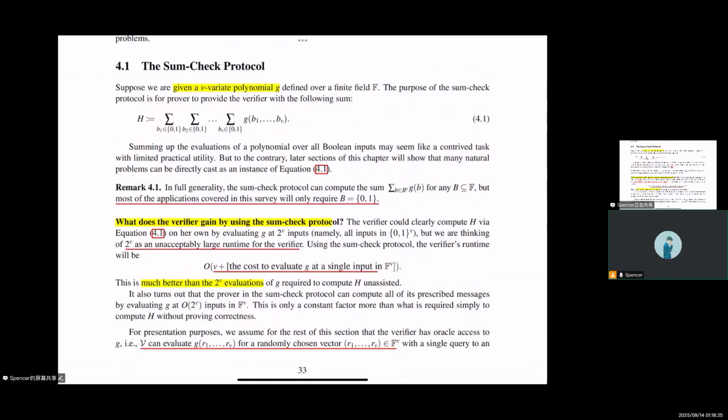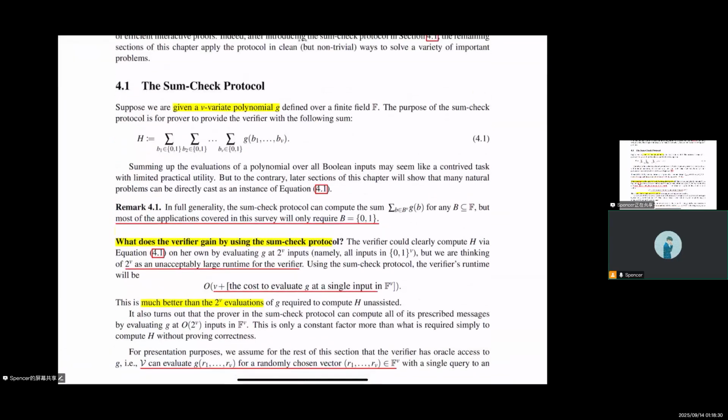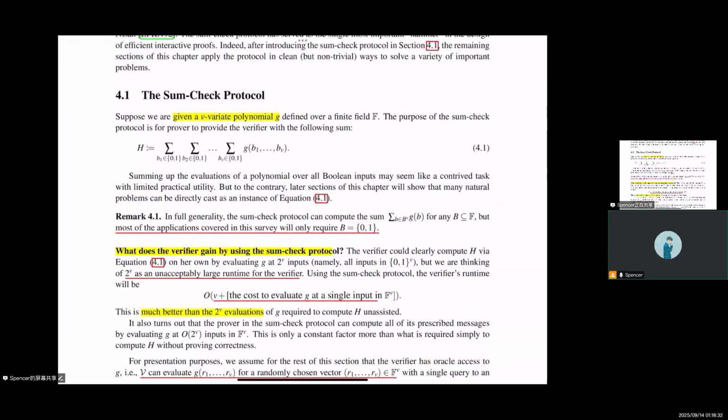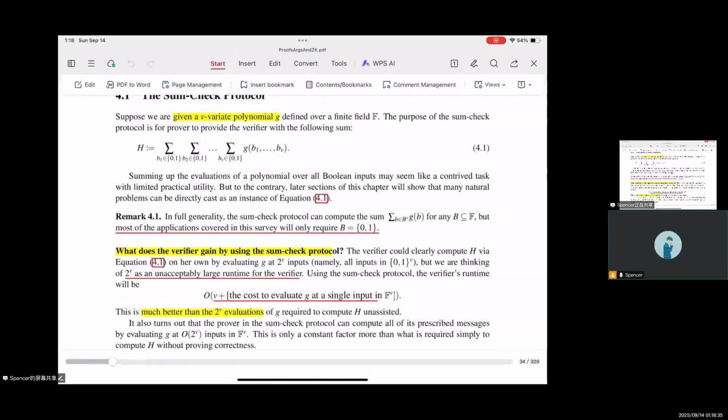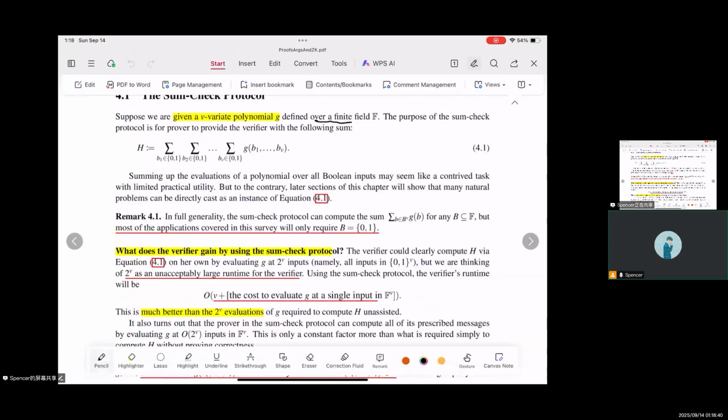Note here, our sum check protocol will work over the finite field. I think we all have the basic knowledge about algebra. Finite fields, we can just think of as having finite numbers, for example 0, 1, 2 to n minus 1.